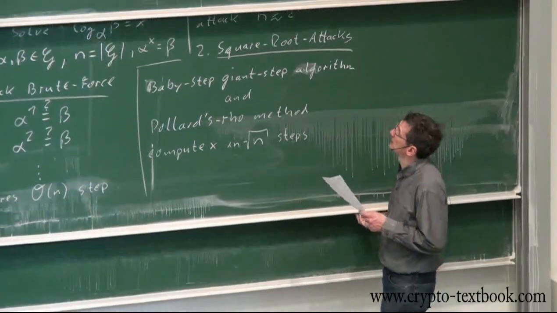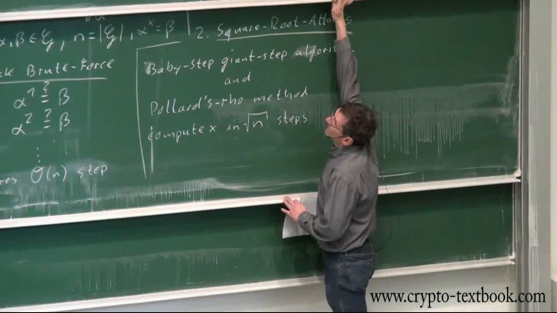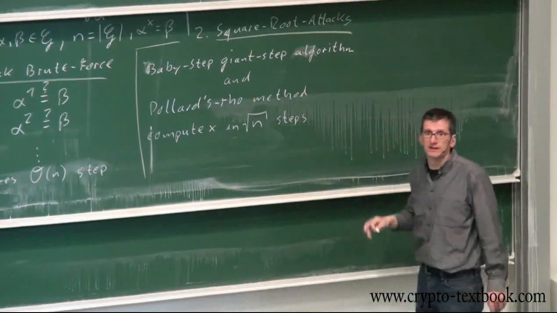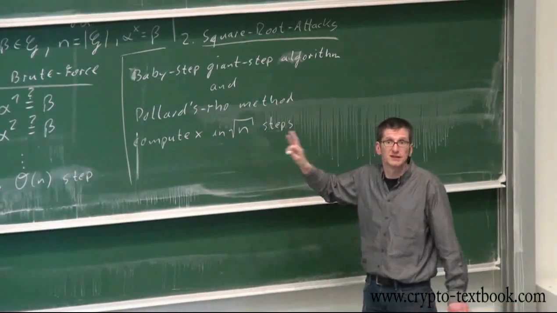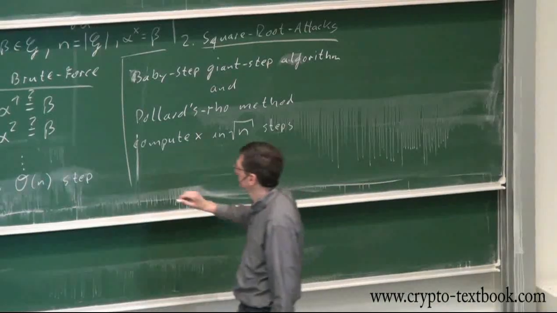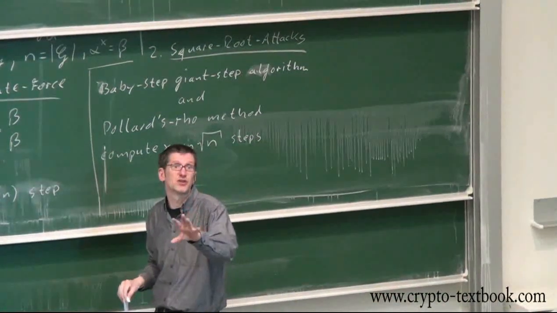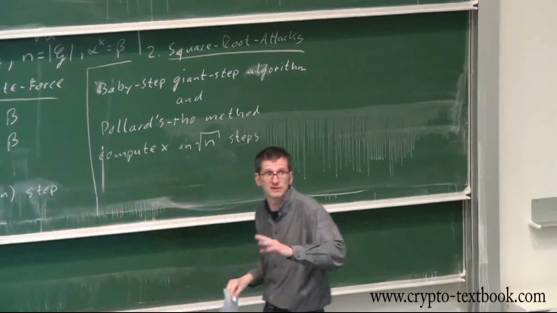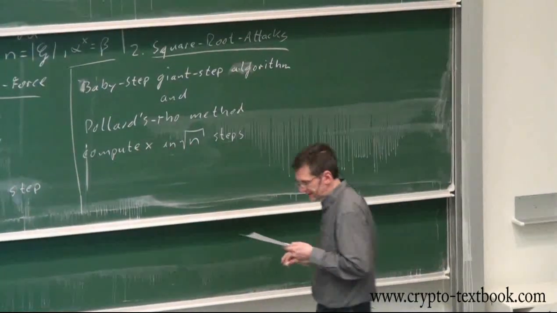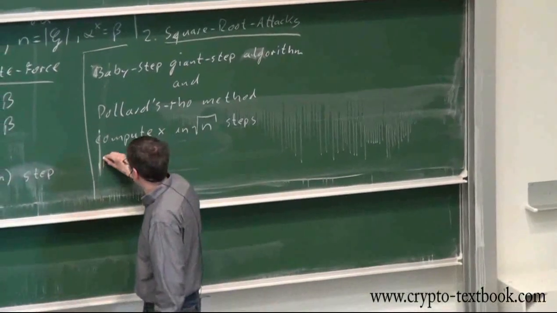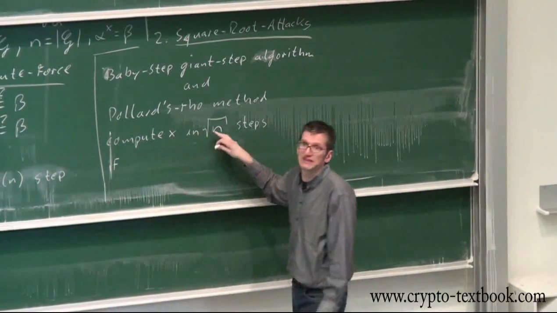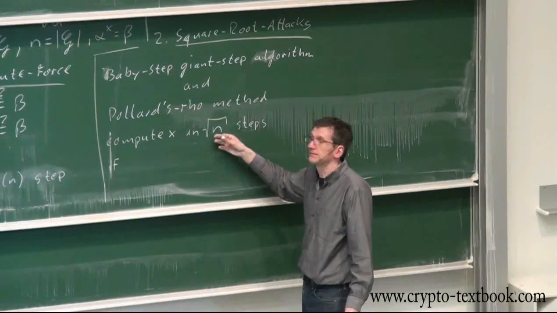What are the consequences? These attacks are very easy. If you don't know what the attacks are, you're absolutely right, we don't do them in this course, but they're not complicated.